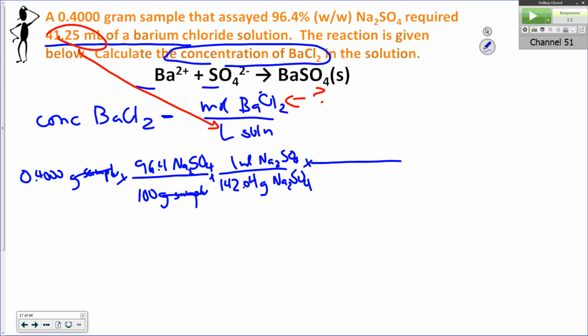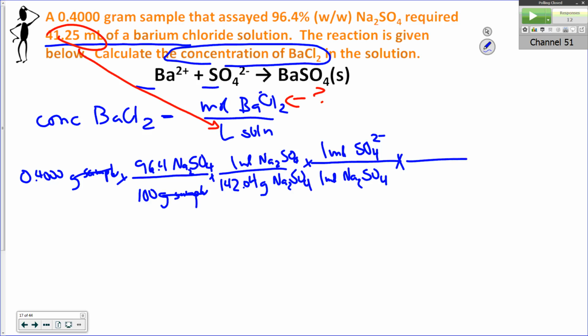Now the relationship is that 1 mole of sodium sulfate has 1 mole of sulfate in it, because that's what reacts in the titration. And again, I'd say that's an optional step. If you see that's a 1-to-1 relationship, you don't have to add that.